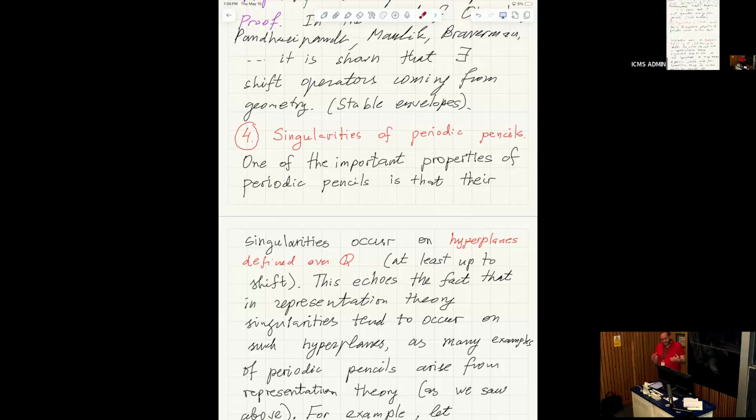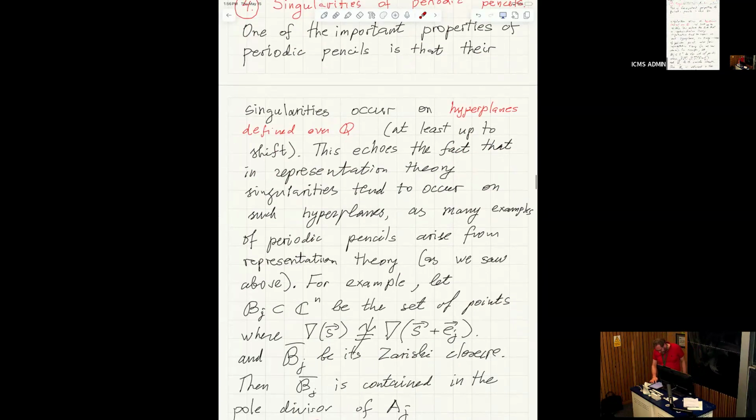So this agrees with Etingof's statement that symplectic resolutions are Lie algebras of the 21st century. And so for periodic pencils, it turns out that this property is built into the theory that you automatically satisfy. And so let me explain how this can be proved.